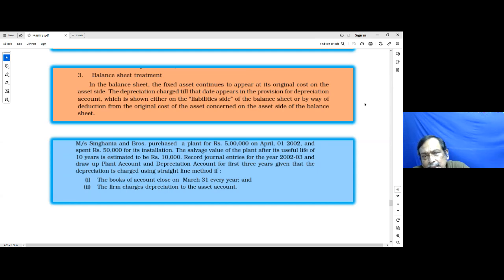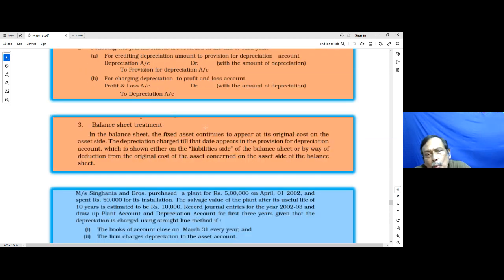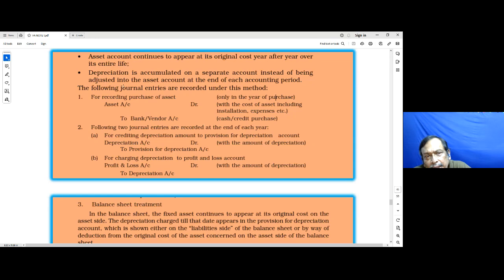The depreciation charge till that date appears in the provision for depreciation account, which is shown either on the liability side of the balance sheet. Provision for depreciation, remember, it is shown in the liability side of the balance sheet or by way of deduction from the original cost of the asset concerned on the asset side of the balance sheet. Okay, so common entry is asset account debit to bank or vendor and PL account debit to depreciation. Only change is depreciation account debit to provision for depreciation account.